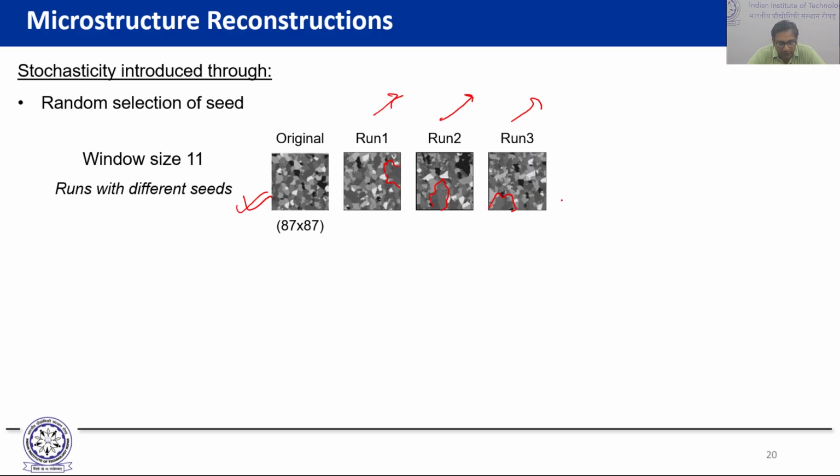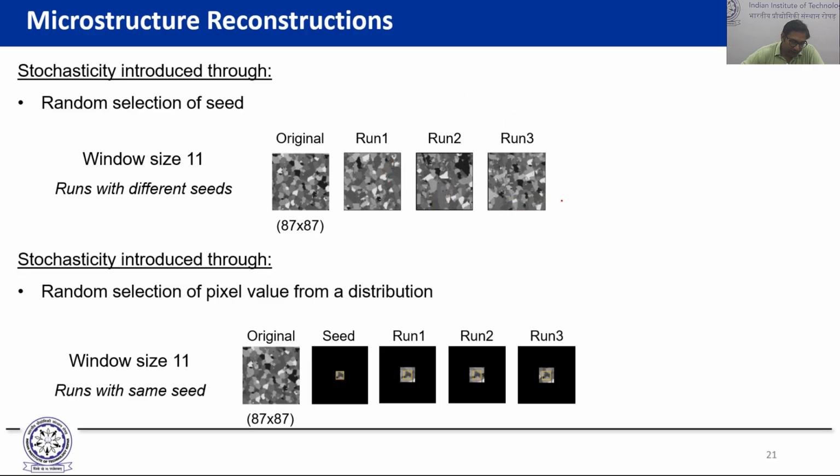When you look at it visually, it is very difficult to say that these are completely different microstructures from completely different materials. You can look at the original and at each of these runs, and understand that these are essentially microstructures of materials which are fairly similar to each other. This is how you have the stochasticity which is getting induced through a random selection of the seed.